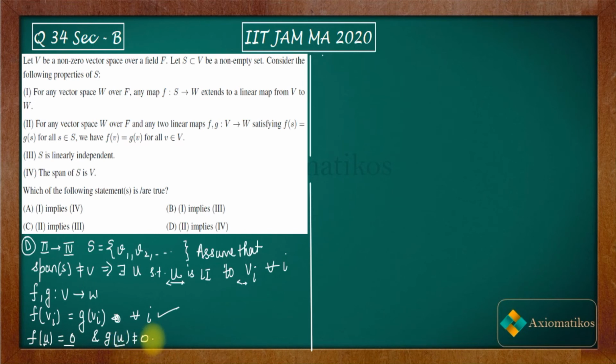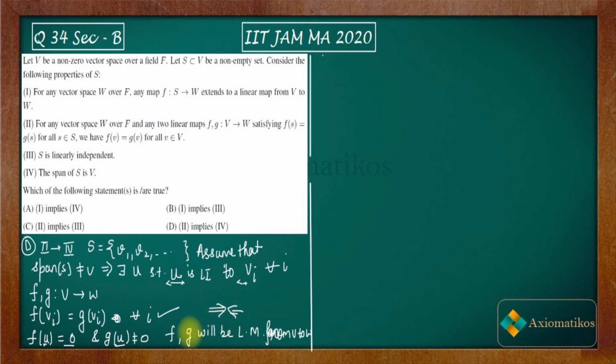You can choose any non-zero number. 0 is the additive identity in W. Now what I am saying is that even after doing this, F and G will be linear maps from V to W. Are you getting my point or not? So if F and G are still linear maps and F is not equal to G on the whole space, then we are actually getting a contradiction.